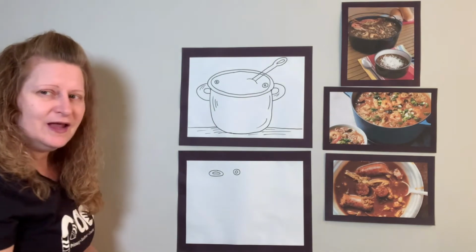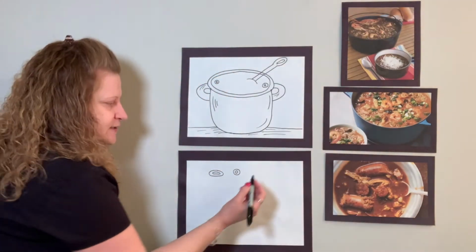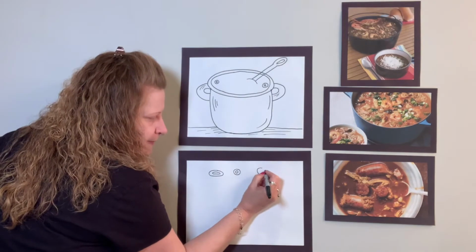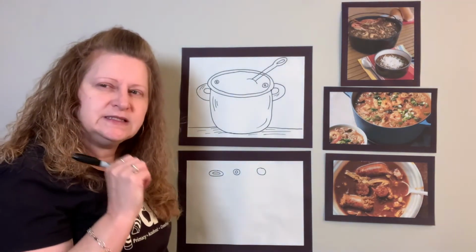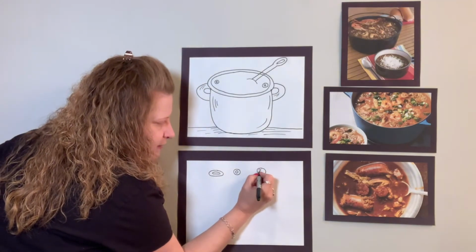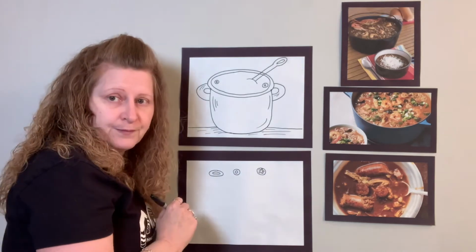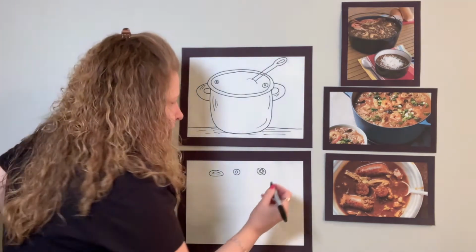All right. Now the next thing that we talked about was the okra. Now when we cut okra, it sort of looks like it might be a bit round, but there are lots of little seeds inside. And the little seeds kind of go around in a circle. So that would be my okra.